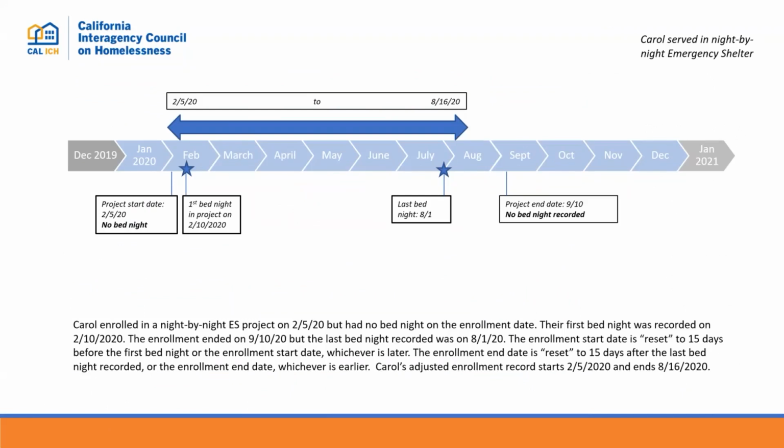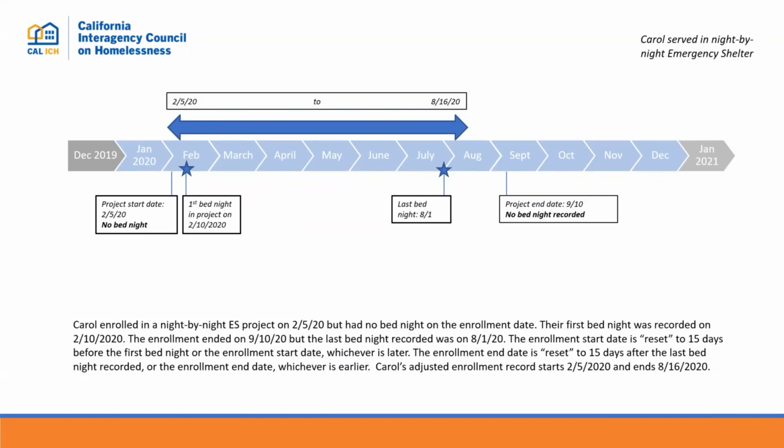In this example, Carol enrolled in a night-by-night emergency shelter project on February 5th, but had no bed night on the project enrollment date. Their first bed night was recorded on February 10th. The enrollment ended on September 10th, but the last bed night recorded was on August 1st.